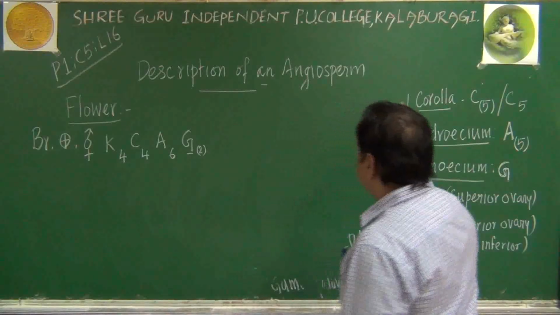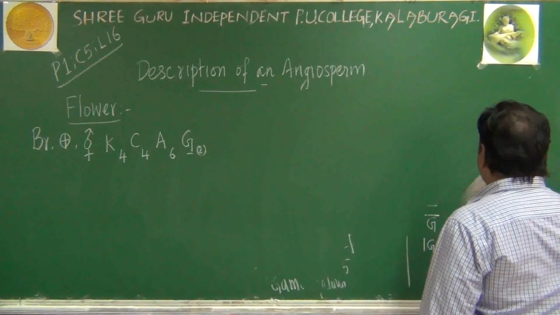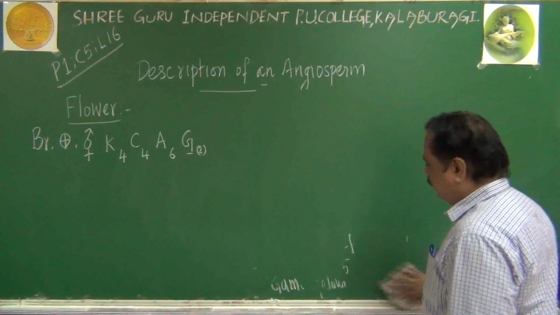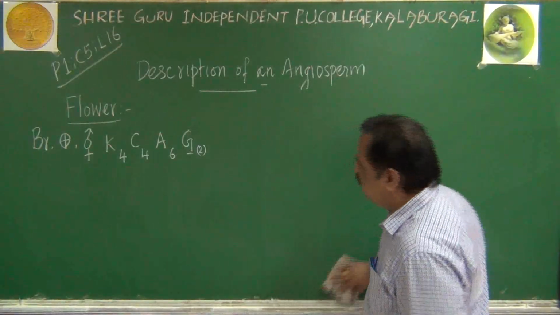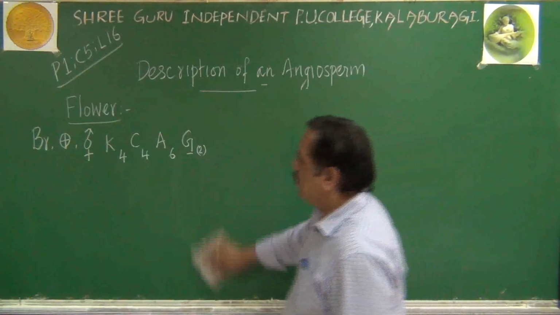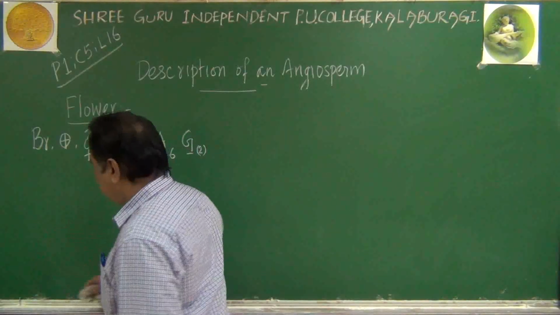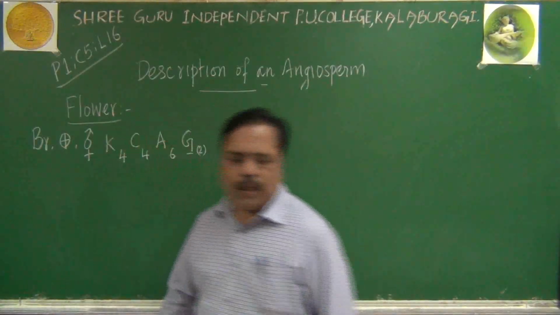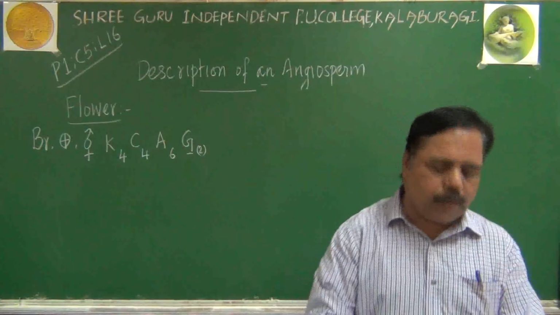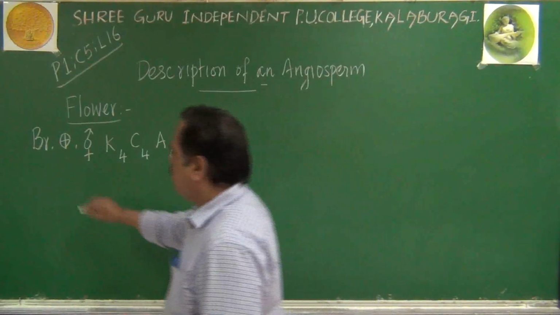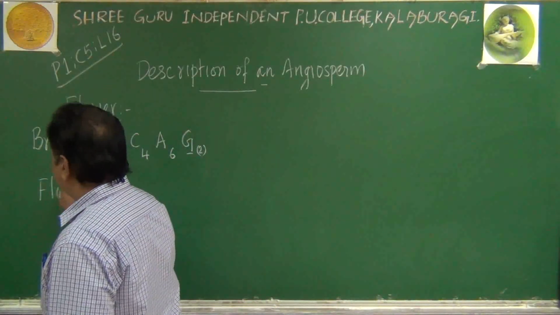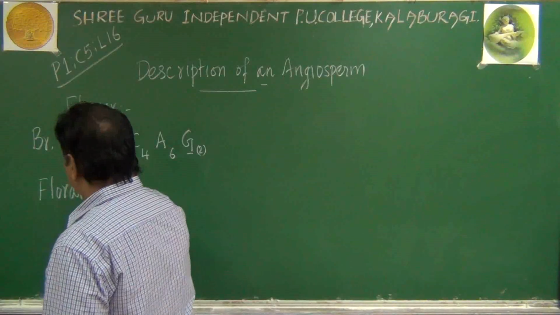What is the next technique for describing the flower? I will explain. A flower can be described with a floral diagram also. So far I was telling you about floral formula. Now I am talking about floral diagram here.